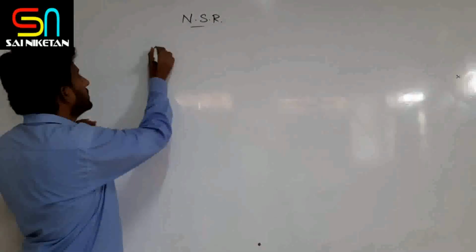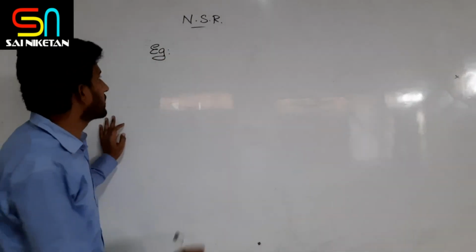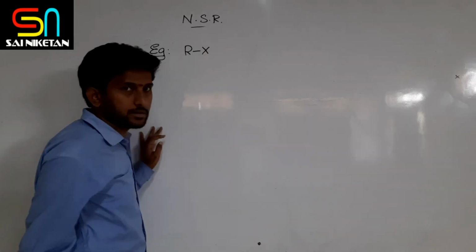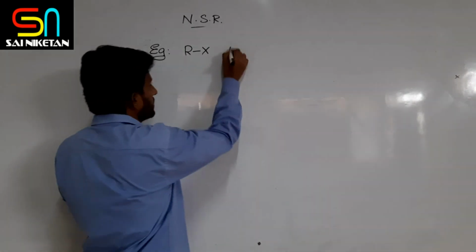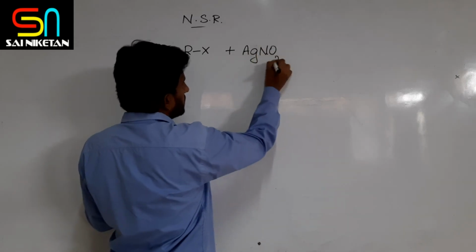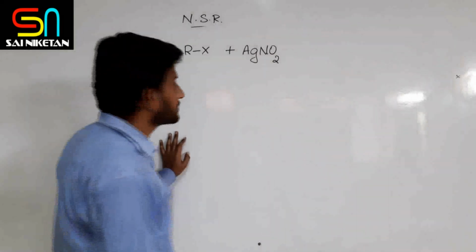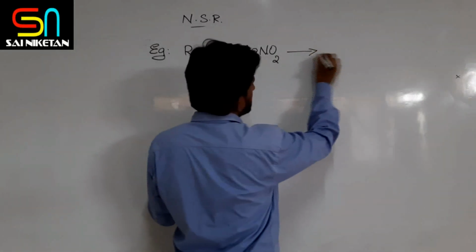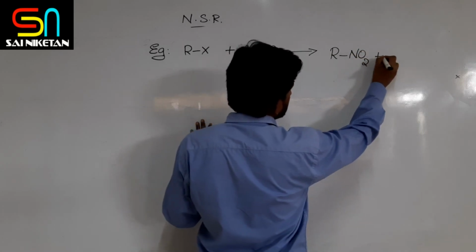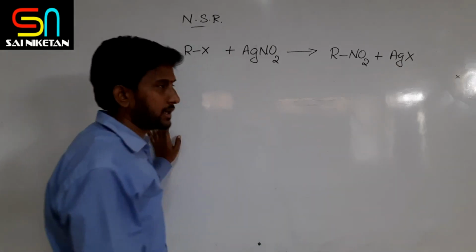Next, a few more examples. Alkyl halides on reaction with silver nitrite produce nitroalkanes.